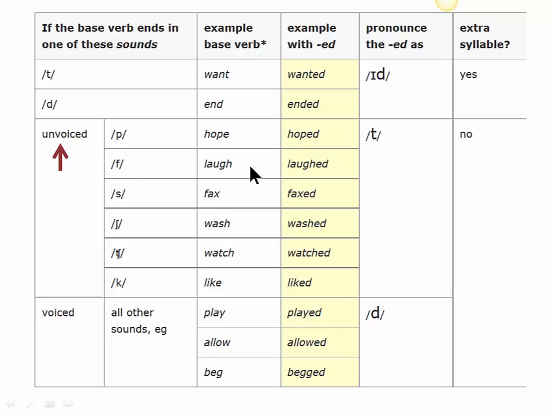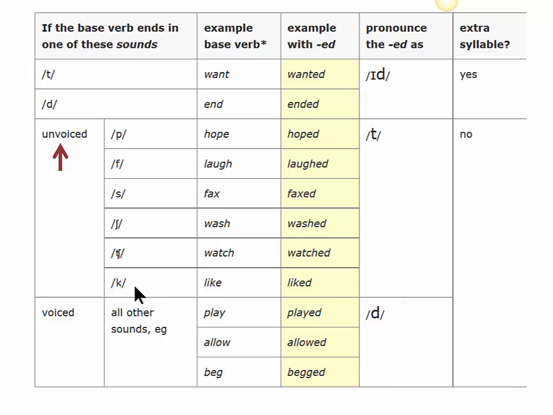So the same is true for f. If you make the f sound, or s, or sh, or ch, k, these are all unvoiced sounds. Your vocal cords in your throat do not work. You will not feel a vibration.